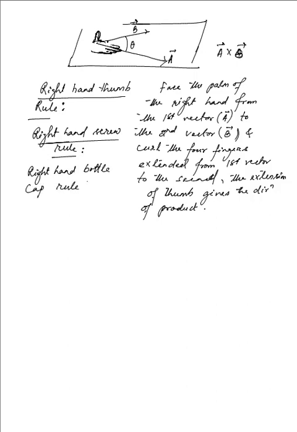Now all these rules are the same, obviously, because when you are twisting the cap of a bottle, when you want to cap the bottle, you just rotate it in the clockwise sense.